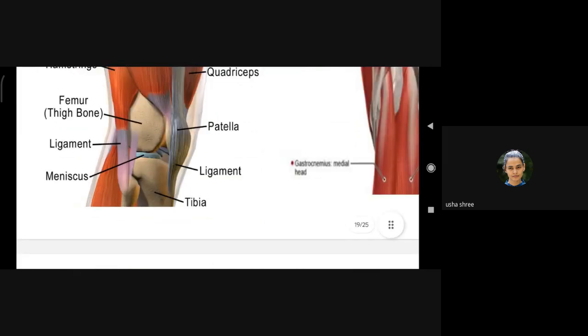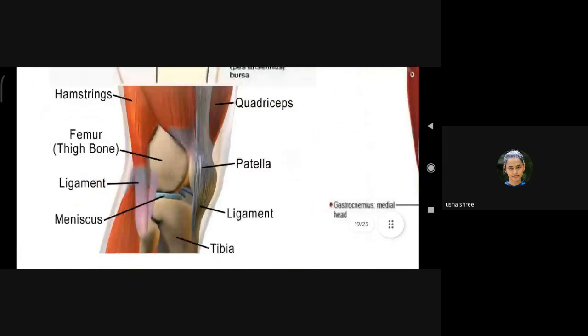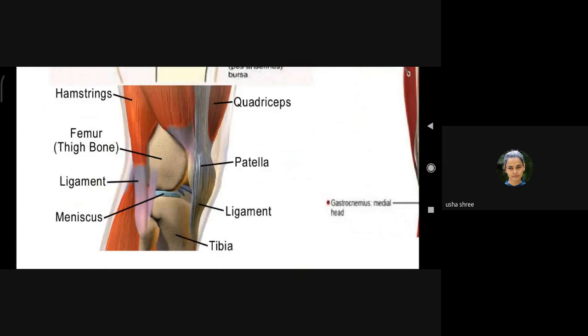This is the knee joint, and the right side of this structure is the front of our knee. The front of our thigh is covered by quadriceps muscles. The quadriceps muscle ends here with the patella, and the hamstring is at the back side of the thigh. The hamstring ends with the fibula, means it is elongated by tendon.